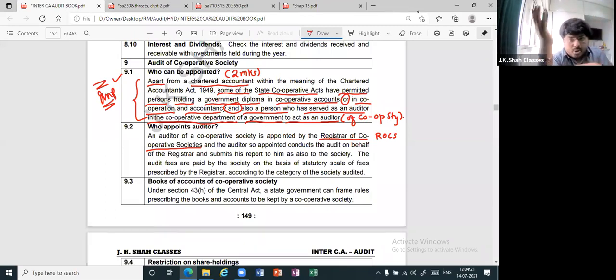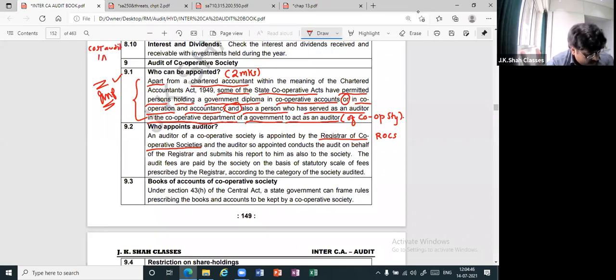Cost audit is obviously different. Cost audit we had done in company audit, a cost accountant or firm of cost accountants. So ultimately, in cost audit, cost accountants; internal auditor, no specific requirement; auditor of a cooperative society, correct. Apart from a chartered accountant, somebody else. So ultimately, a chartered accountant is not the only requirement for these three. Which three? I again repeat. One, cost audit.